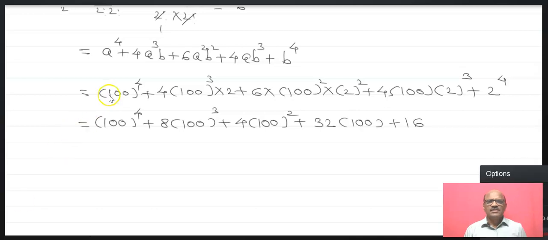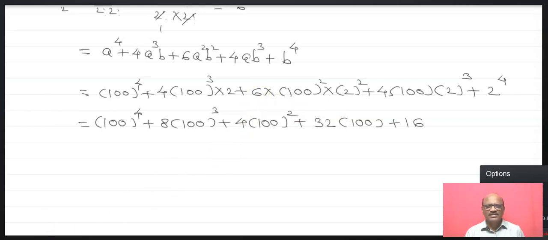Now see this here, that is 100 raised to 4, 2 into 4 into 2, that is 8, 800 raised to 3 plus, now here we'll change the sign, that is 2 raised to 3 means 8 into 4, that is equal to 32, and here also 2 raised to 2 is 4 into 6, that is equal to 24.